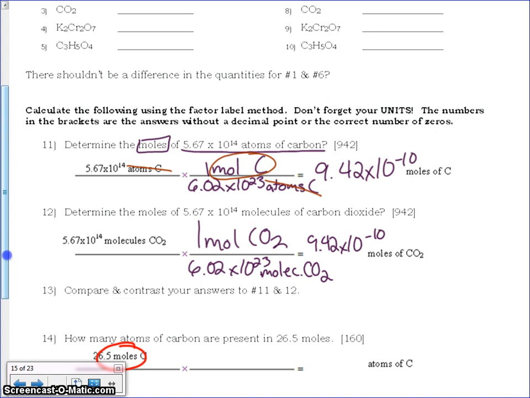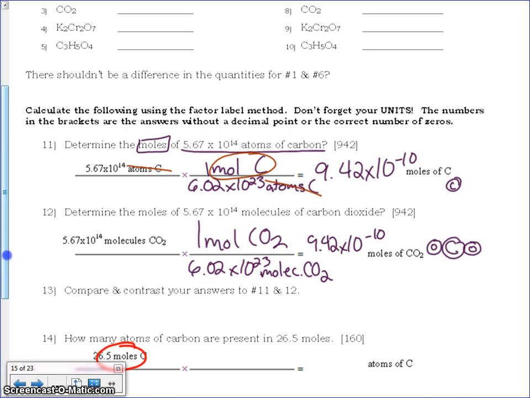So in this case, because the conversion factor is the same, the value is the same. But if I'm looking at carbon, my individual particles are carbon atoms. If I look at CO2, I have a carbon in the middle bonded to 2 oxygens, one on each side. So the particles are of different sizes. The masses would not be the same, but the number of particles in a mole is identical.